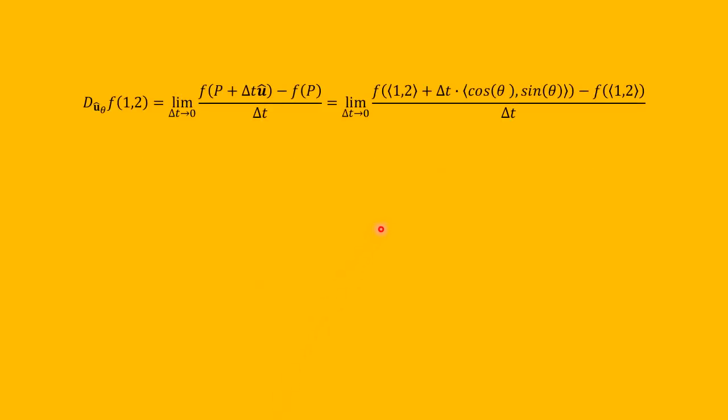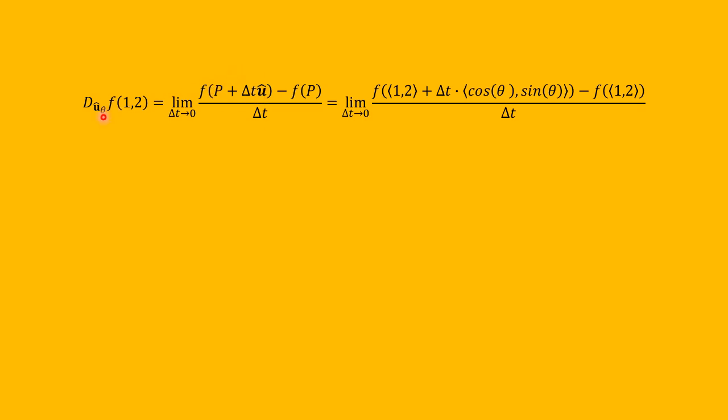So let's look at the directional derivative of f in the direction u sub theta. By definition, this is going to be the limit as delta t goes to 0 of this difference quotient. P is the point where we're finding the directional derivative of f.